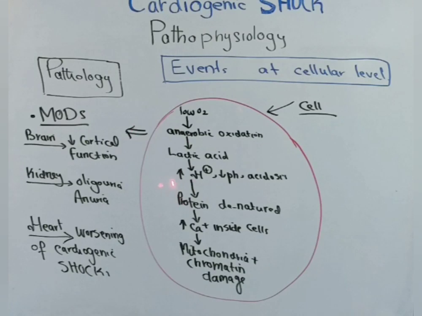Now that tachycardia will need more and more oxygen, but there is a decreased supply of oxygen. So a vicious circle starts. Low oxygen, more damage, increased heart rate requiring more and more oxygen, but low oxygen is provided. So there will be worsening deterioration of the heart function. So this is a little bit about the pathophysiology of cardiogenic shock, which is very important for its understanding.